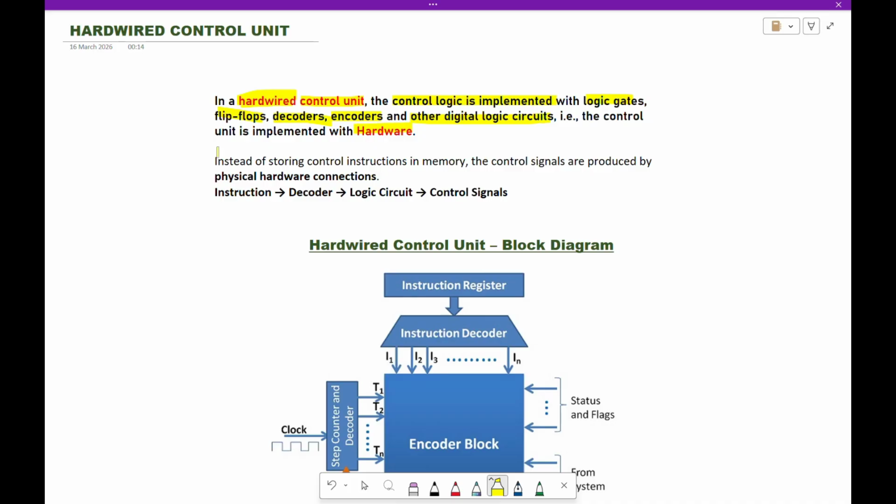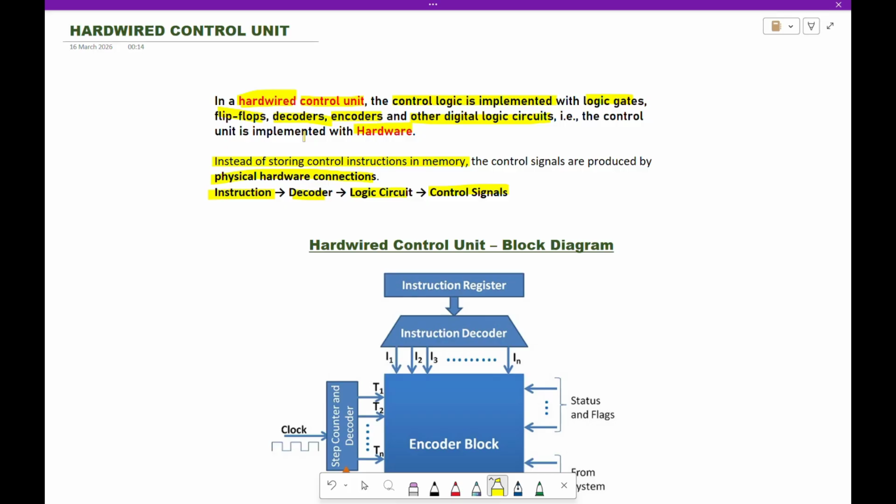Instead of storing control instructions in memory, the control signals are produced by physical hardware connections. First is instruction, decoder, logic circuit, control signals. So this is the definition of hardware control unit.